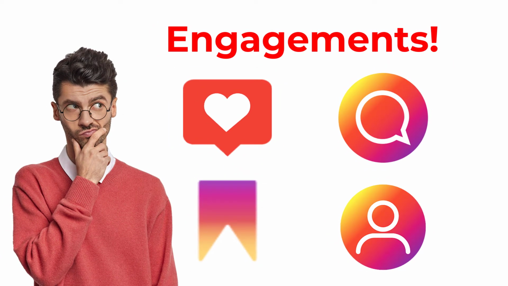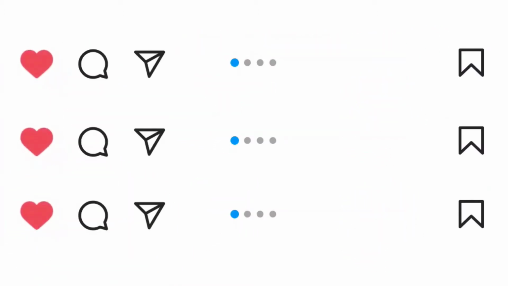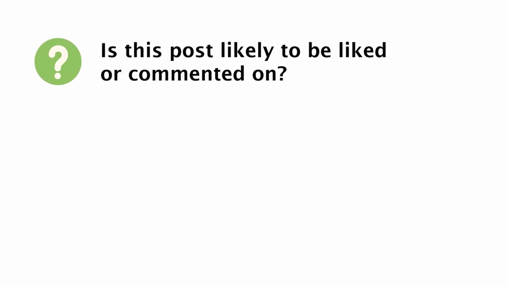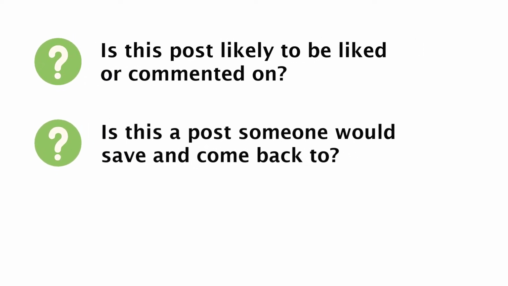What engagements are most important to the Instagram algorithm? Engagement is key, especially when it comes to the Instagram algorithm. But what are the most important metrics of engagement? As we covered, Instagram considers how likely you are to comment, like, save, or tap on a profile. Keeping this in mind, as you plan your content and captions, ask yourself these questions. Is this post likely to be liked or commented on? Is this a post someone would save and come back to?